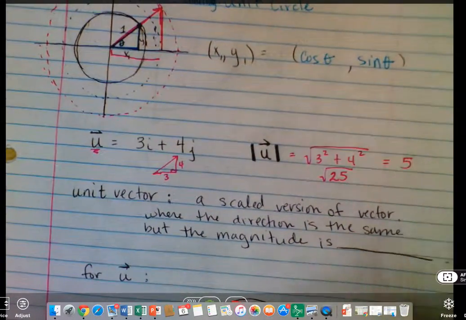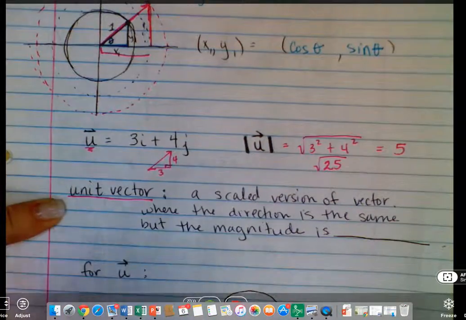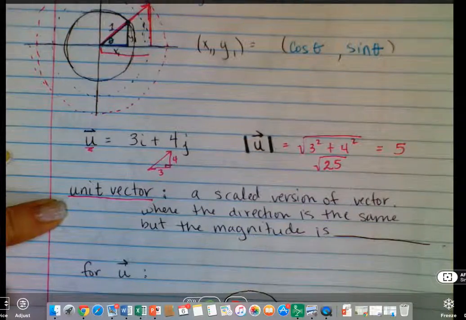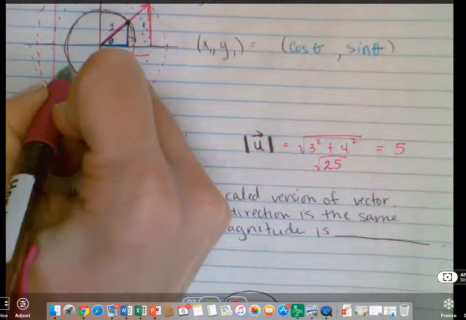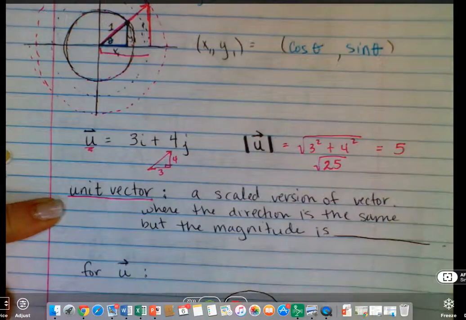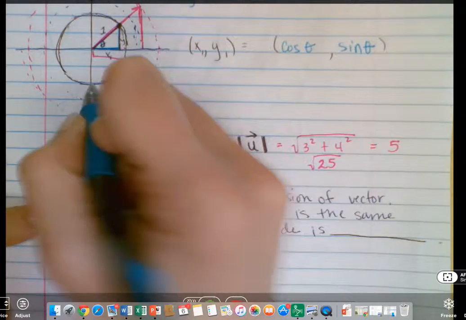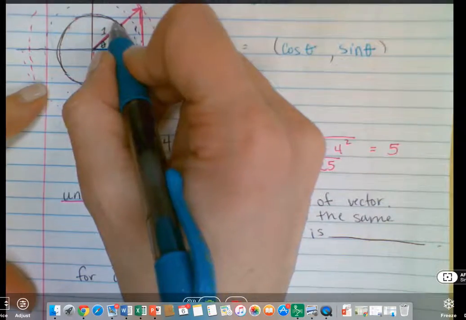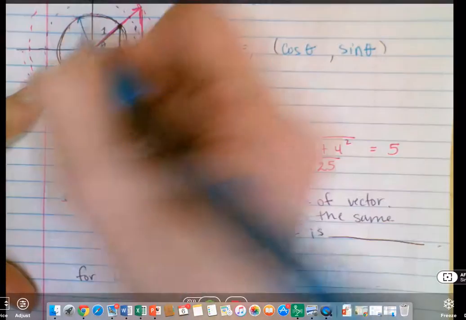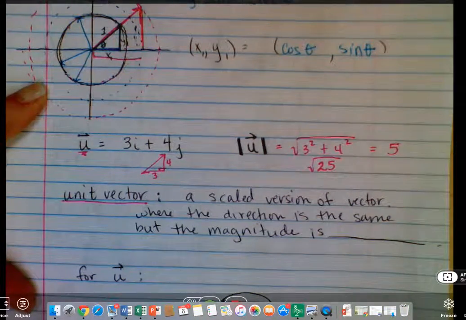Okay. But let's imagine that I want to discuss only right triangles that live on the unit circle. Only right triangles or vectors whose endpoints end up right there on the unit circle. Well, what would be the magnitude of any vector that ended on the unit circle? Well, the radius of the unit circle is 1, which means that the magnitude of any vector that ended on the circumference of the unit circle must also be 1.